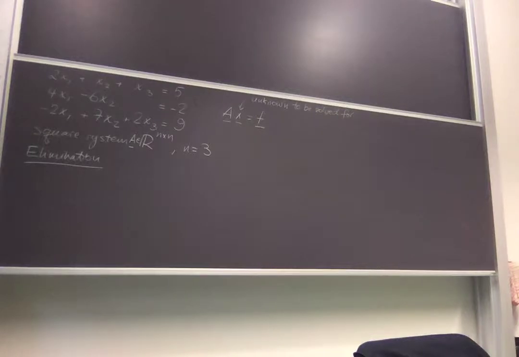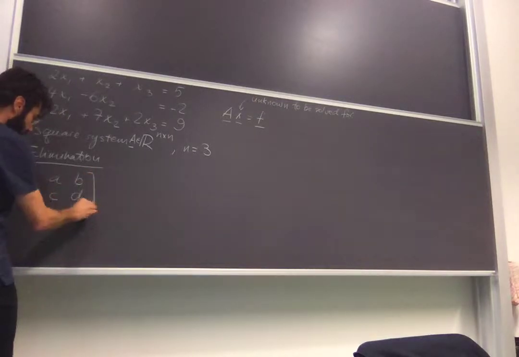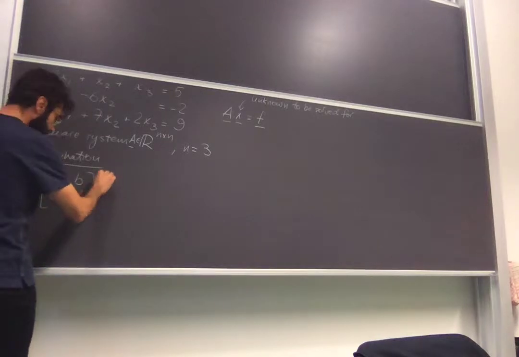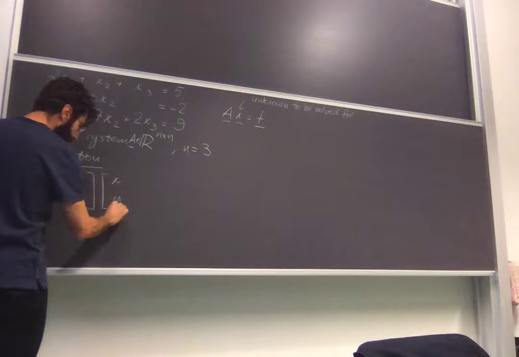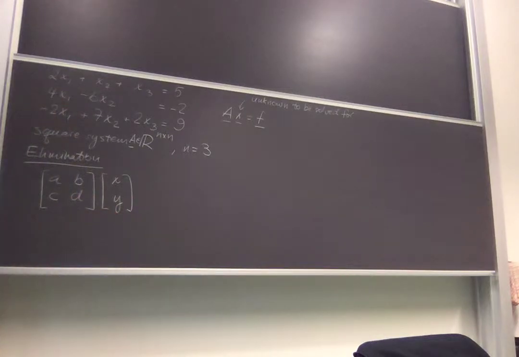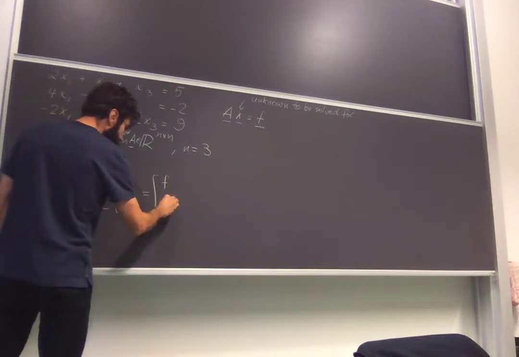So let's write very quickly a reminder of our 2x2 system, and then we see how it works. Here I'm going to write x and y, so I don't have to clutter the board with subindices, and this is equal to say f and g.